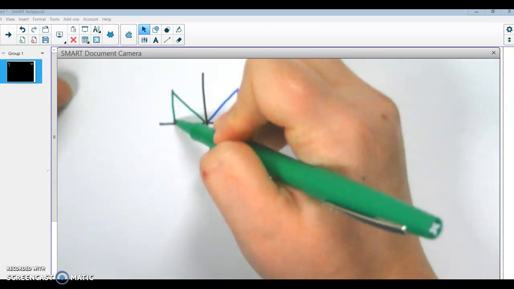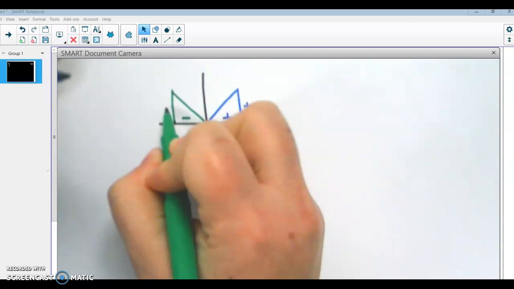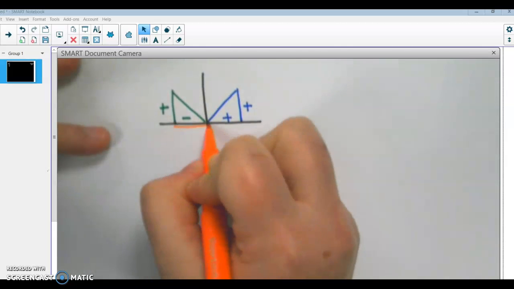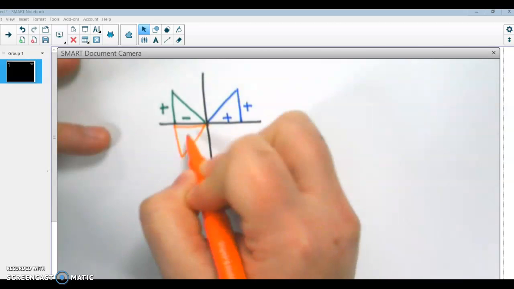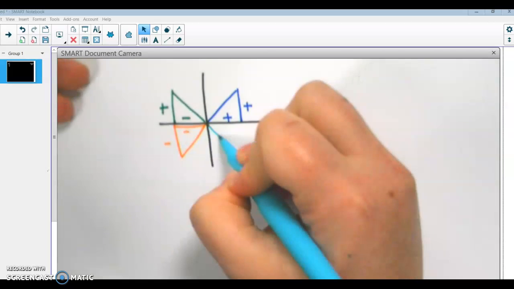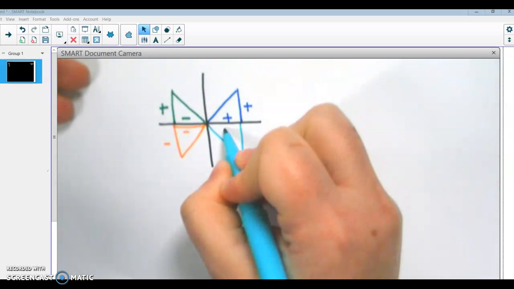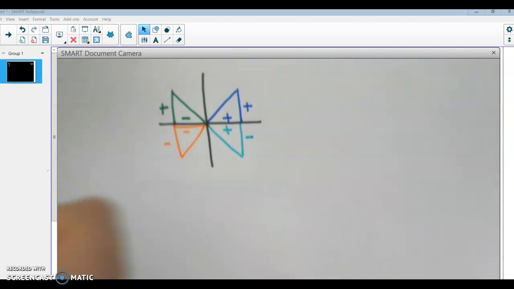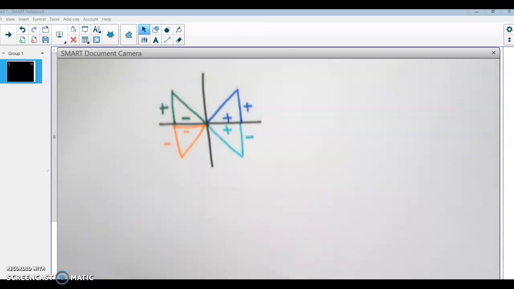Quadrant 2, you do have a negative leg and a positive leg. Quadrant 3, both of your legs are negative. And in quadrant 4, this one is positive, this one is negative. So that's going to affect whether your sine, cosine, and tangent comes out to be positive or negative, depending on which quadrant it's in.